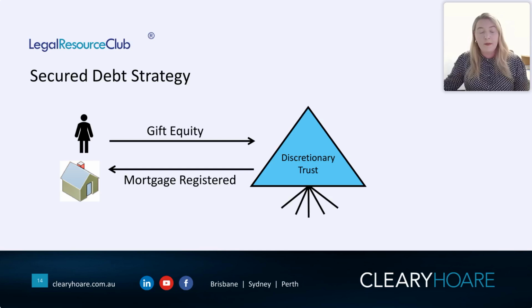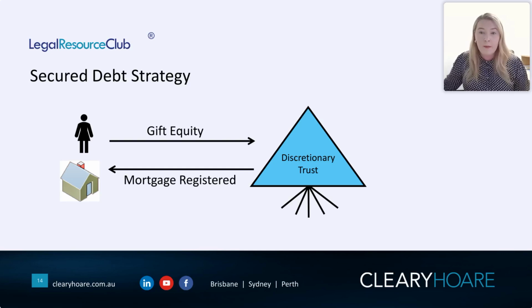We do have similar types of strategies when we're dealing with companies or trusts that have valuable assets held within them that are exposed to risk. Similar type of thing, except when we're dealing with a trust, we've got a capital distribution of that amount.